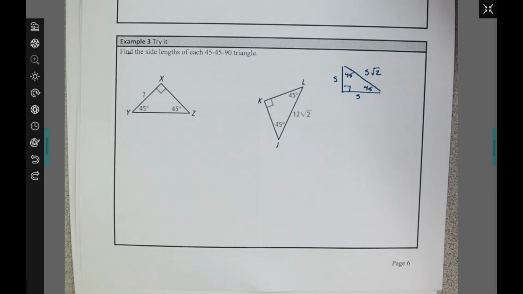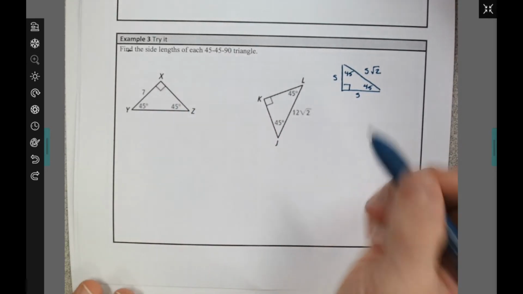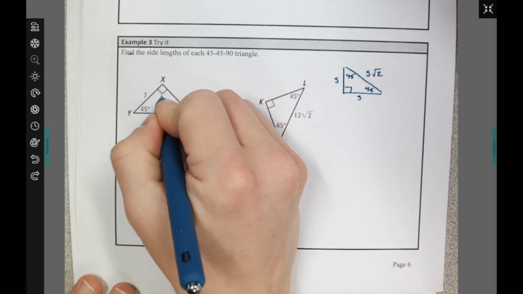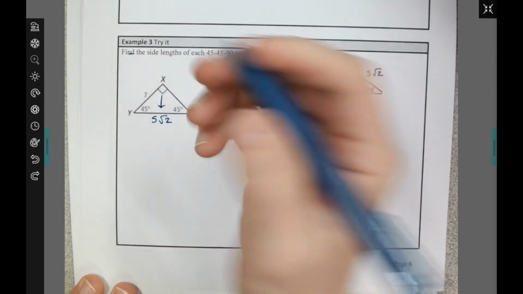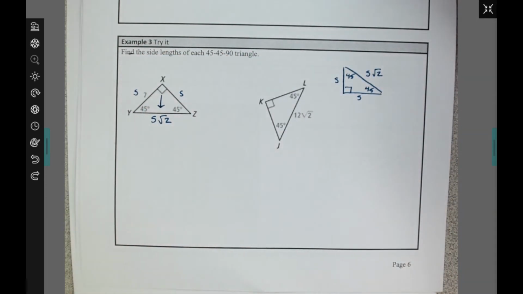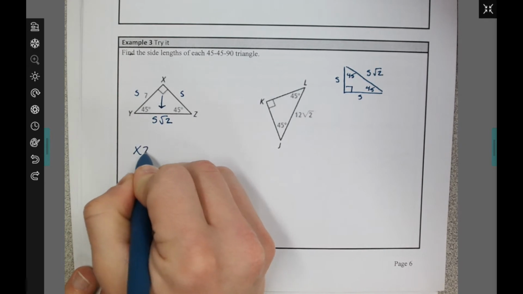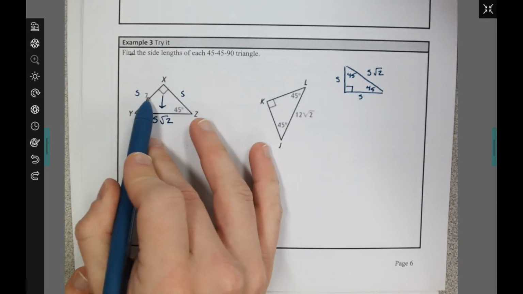So from there, just like we've been doing in this class so far, you've got to build the picture. So I got my right triangle, 45, 45, 90. I'm going to go ahead and label the sides. So my hypotenuse is S square root of 2, and then both my legs are going to be S. So to find the missing sides, XZ is just going to have a length of S. So it's going to match up with the side they gave us.